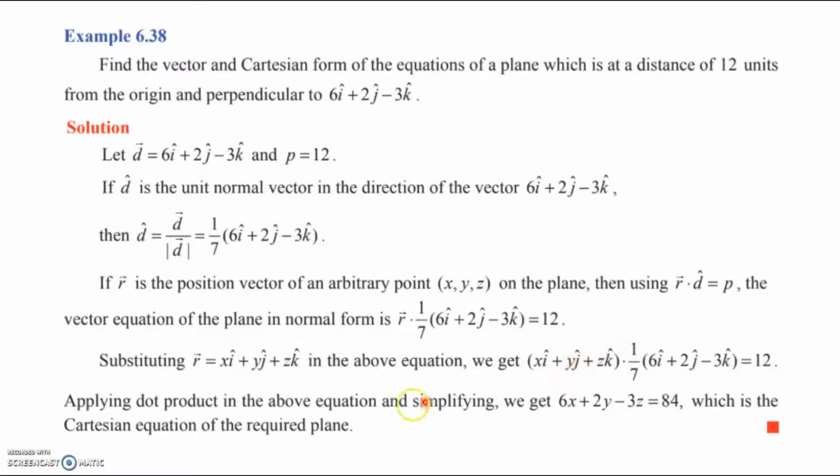Further, applying the dot product in the above equation and simplifying, x into 6 will become 6x, y into 2 will become 2y, and z into minus 3 will become minus 3z, and our 7 will go to the other side. So it will become 12 times 7, which is 84, which is the Cartesian equation of the required plane.